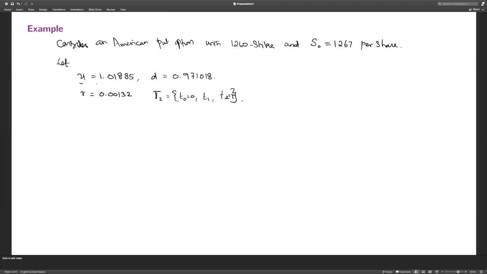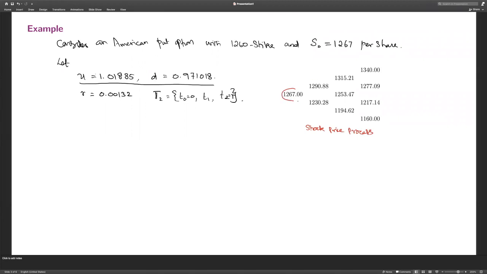With these parameters U and D, you can see that the stock price process can be written in the lattice diagram as, so this is your S_0 and this is your S_0 U, which is also written as S_1^1, and this is your S_0 D, which is also written as S_1^0.